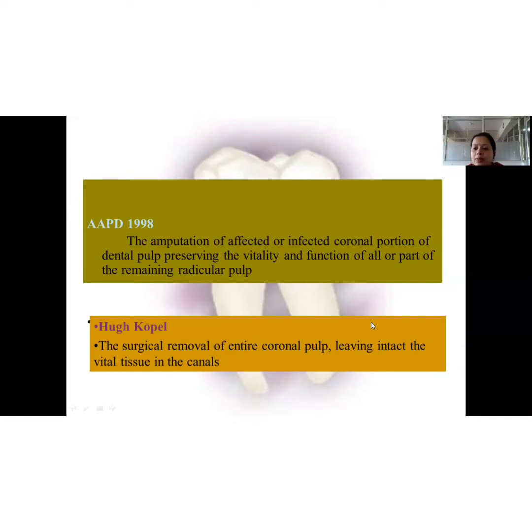According to the American Academy of Pediatrics in 1998, it is the amputation of the affected or infected coronal portion of the pulp, preserving the vitality and function of the remaining radicular part. According to Popper, it is the surgical removal of the entire coronal pulp, leaving intact vital tissues in the canal. So we leave the radicular portion of the pulp and we remove the coronal portion.